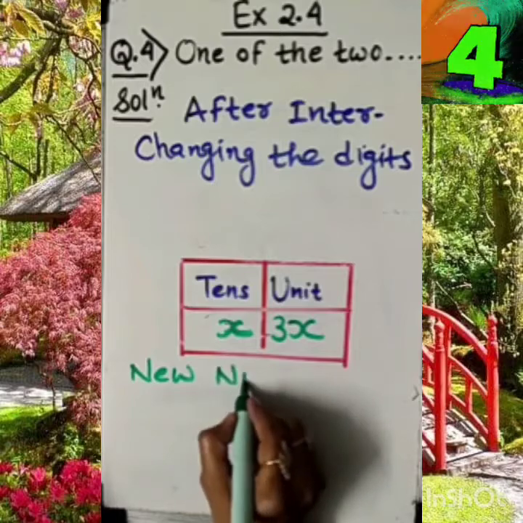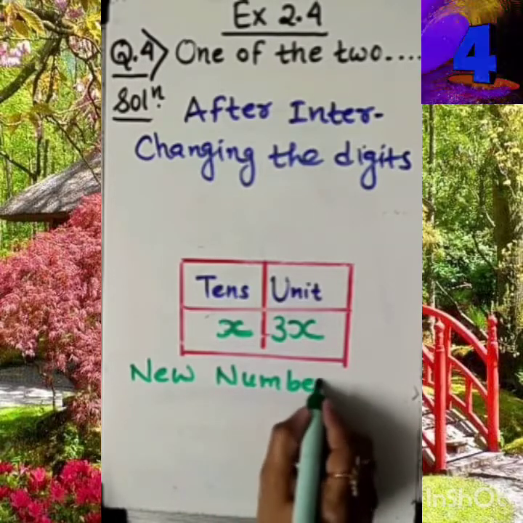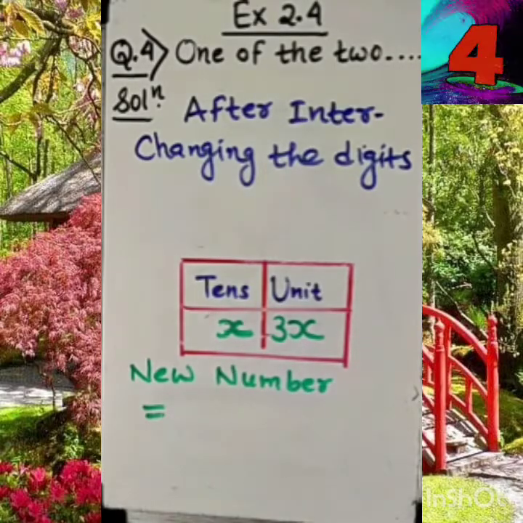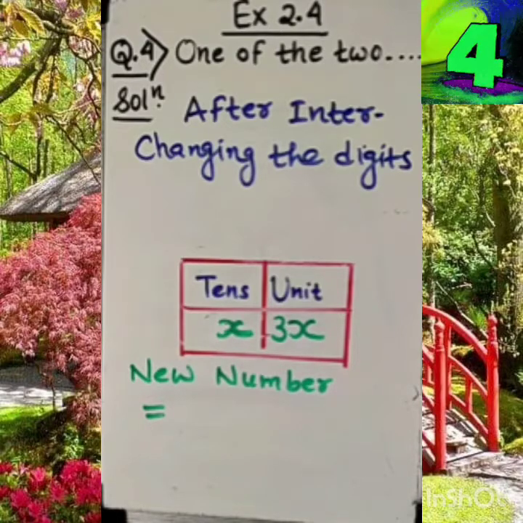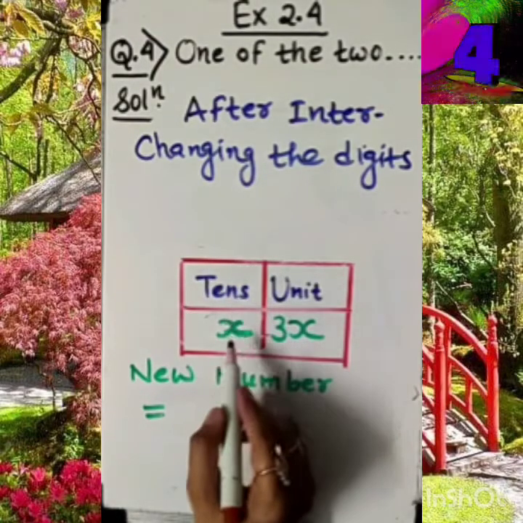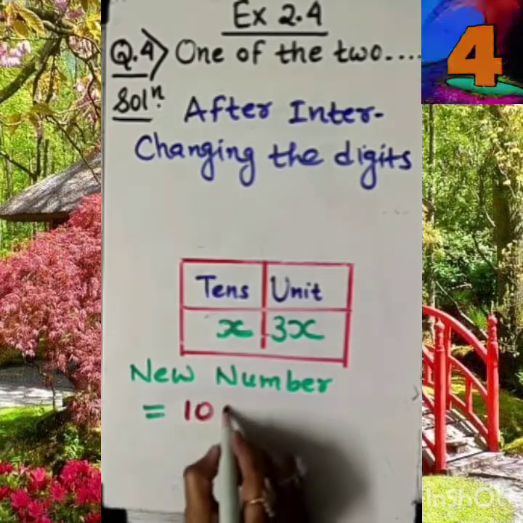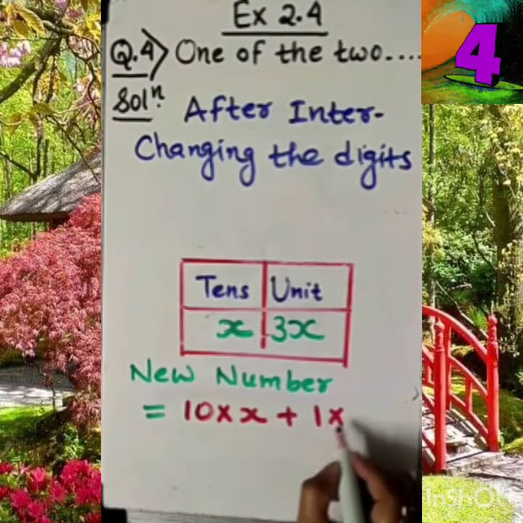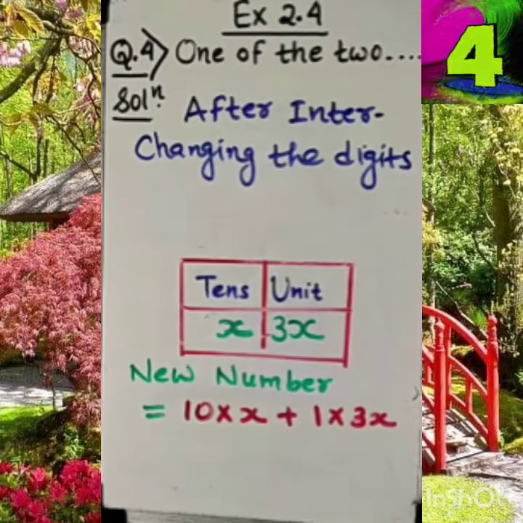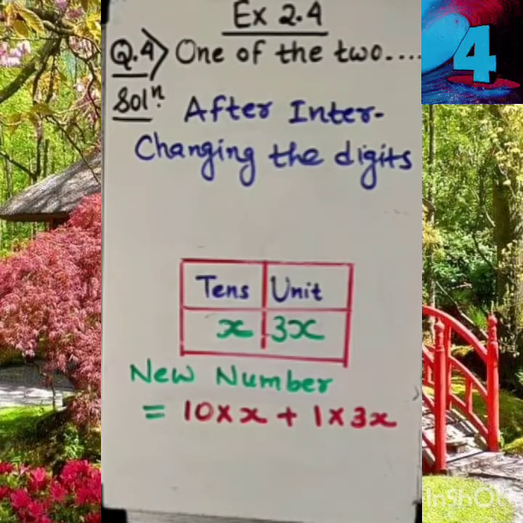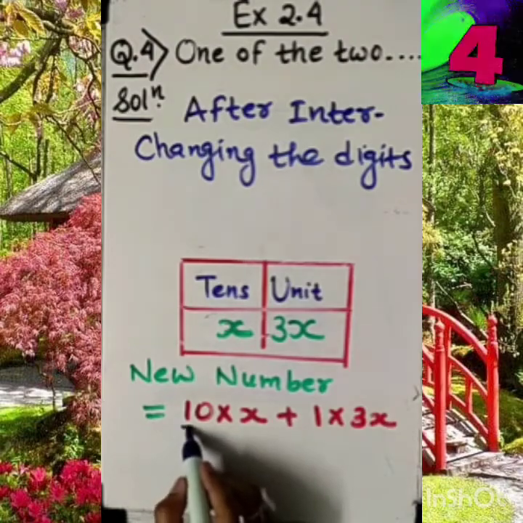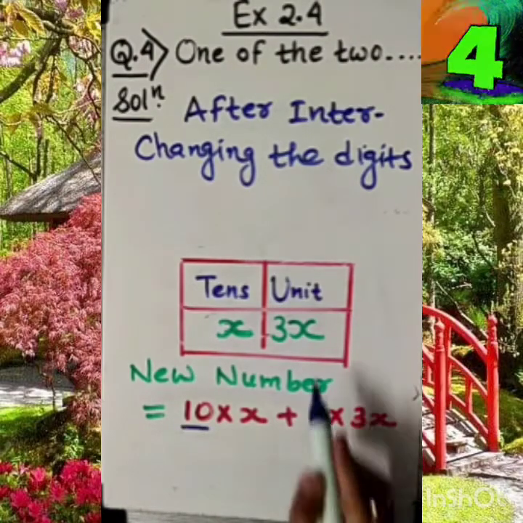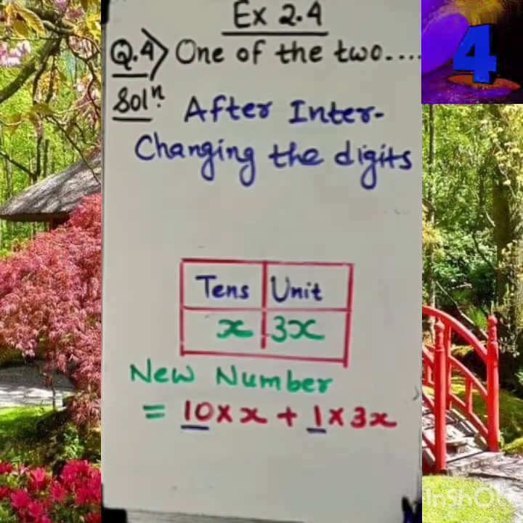So we need to mention the new number now. As usual, you know dear student, we need to multiply the tens place digit with 10. So 10 into x, and the ones place digit will be multiplied by 1. Once again, see on your screen. Here the tens place digit will be multiplied by 10 and the unit place digit by 1.